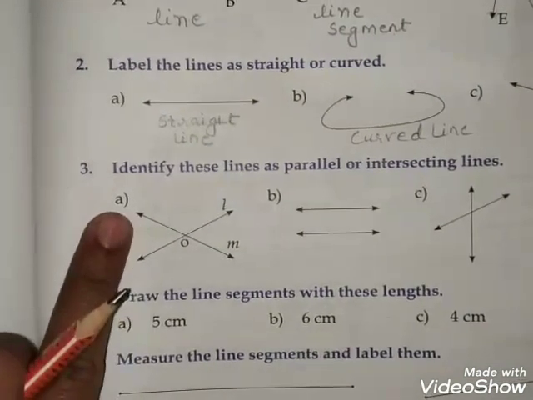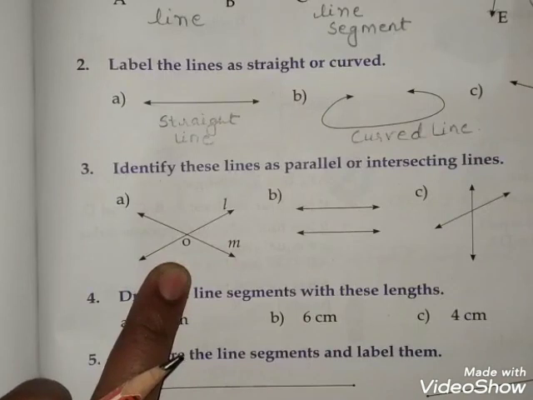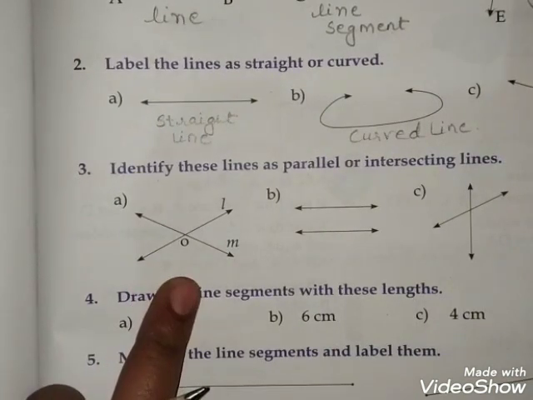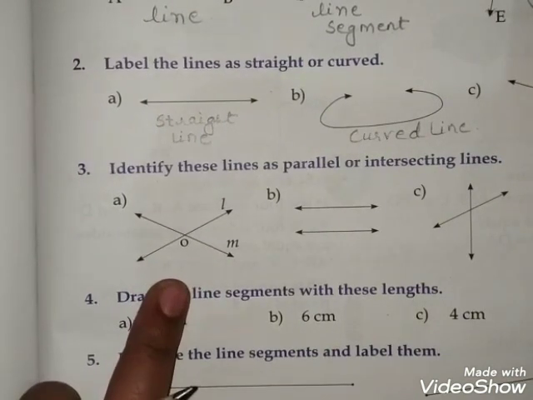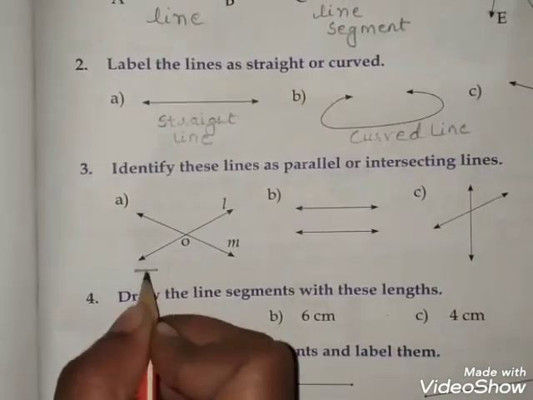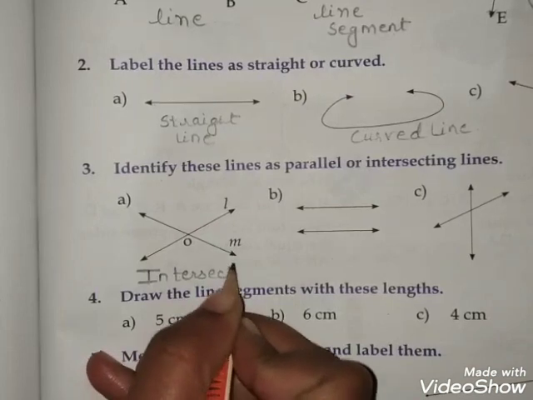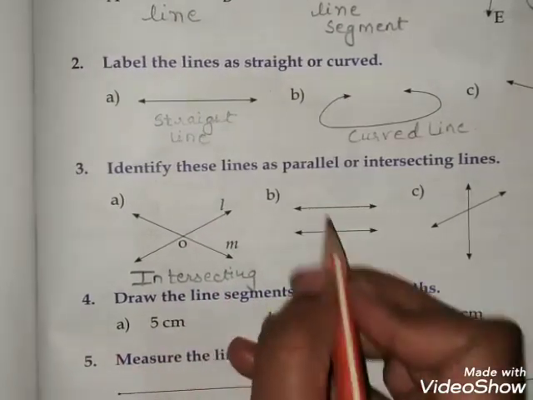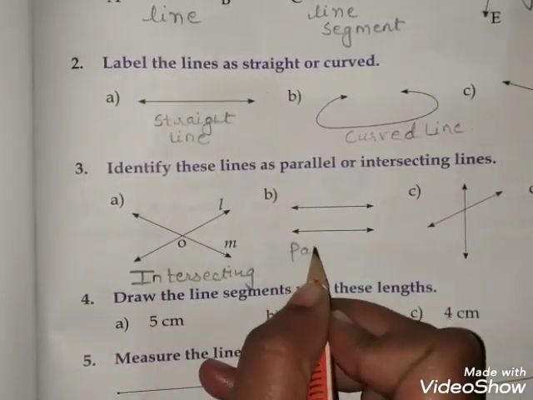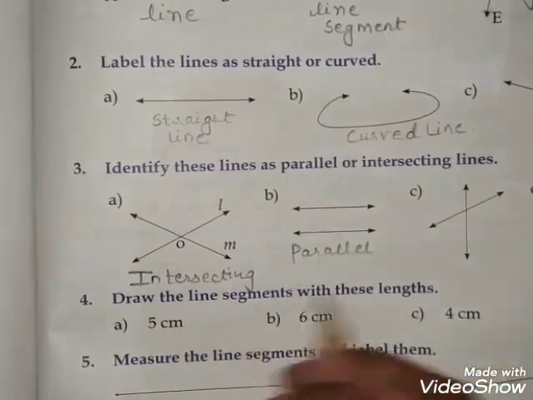Now tell me, in question number A, which kind of lines are here? Parallel or intersecting? Of course, these lines are intersecting lines. It means it is intersecting lines, right? Now these lines are parallel because they can never meet.